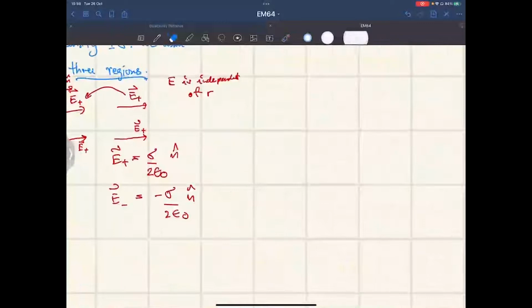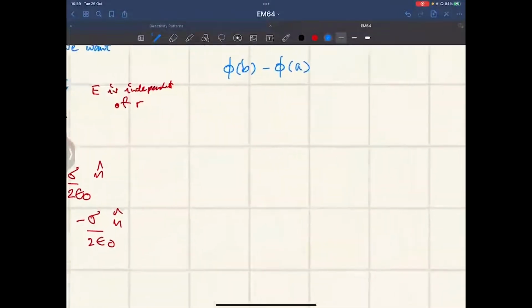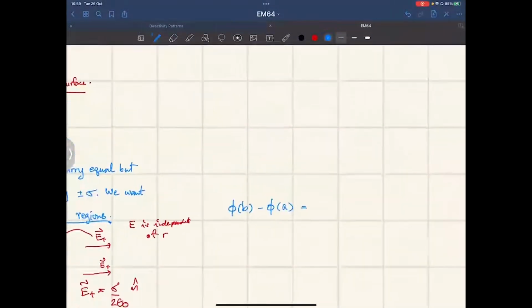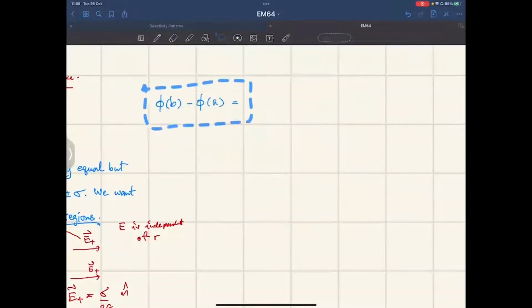Okay, now let me write it down again so that you can see it clearly. We have phi B here minus phi A here. This is the potential difference between point A and point B, okay? Equal to what?